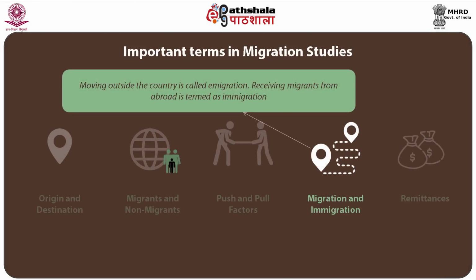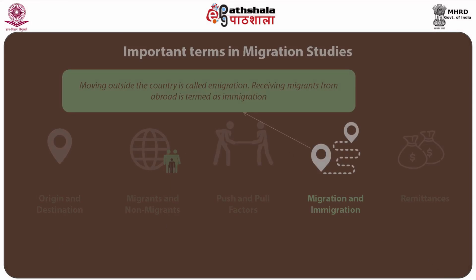We also distinguish between emigrants and immigrants. Moving from one country to another country is called emigration. Receiving migrants from other countries is called immigration. But if the movement of people is within a country, it is referred to as internal migration, and in-migration and out-migration refer to people coming in and people moving out.